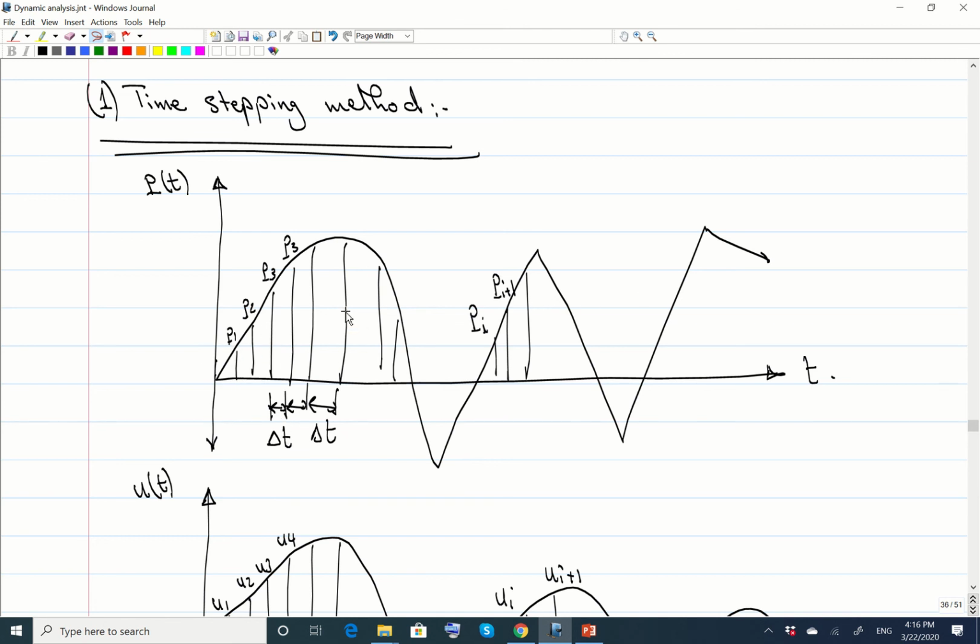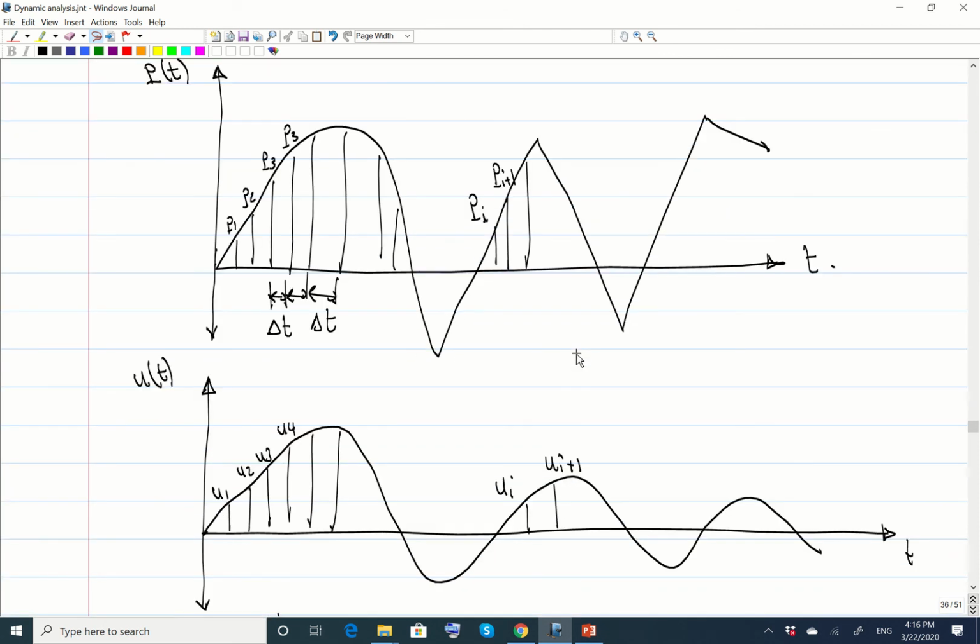So you have P0, P1, P2, P3, P4, and so on. This is the first step, the second step, then the i-th step with P i at its start, and the next one is P i plus 1. This continues until the force ends.